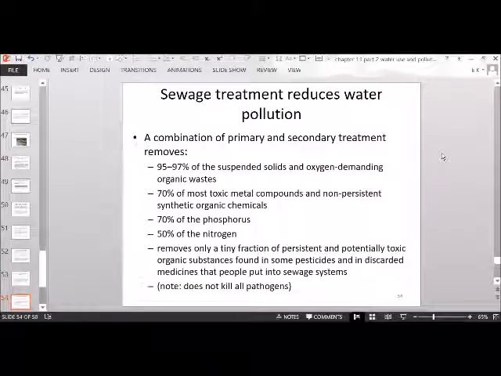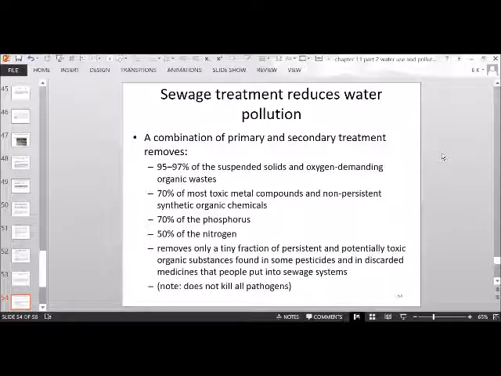If you use a combination of primary and secondary treatment, it will result in the removal of about 95 to 97% of suspended solids and oxygen demanding organic wastes from sewage wastewater. 70% of most toxic metal compounds and non-persistent synthetic organic chemicals are also removed. 70% of phosphorus and 50% of nitrogen are also removed.